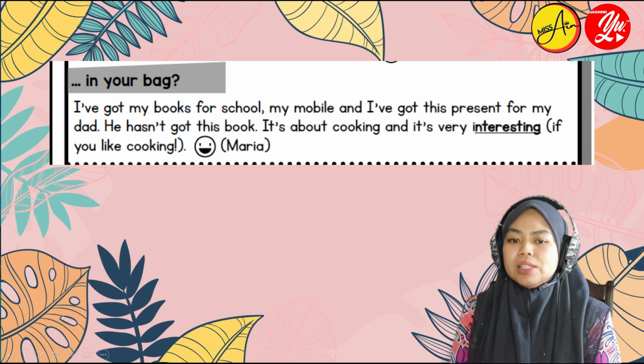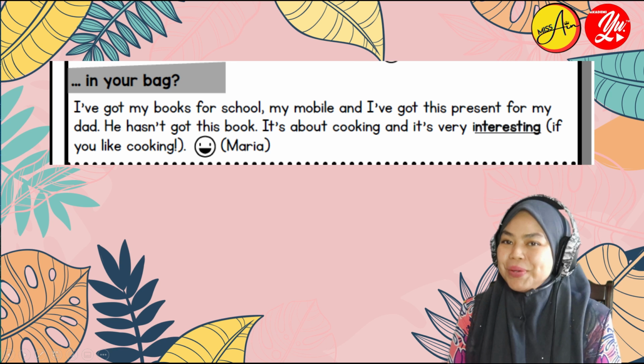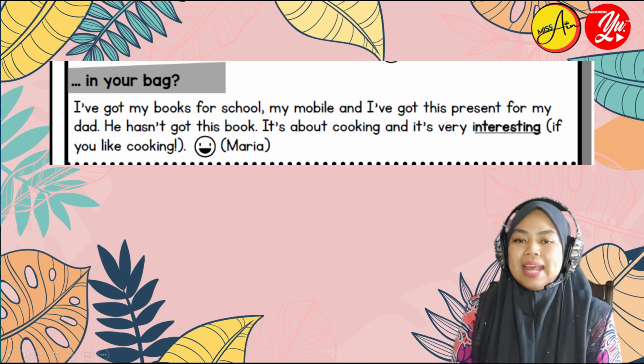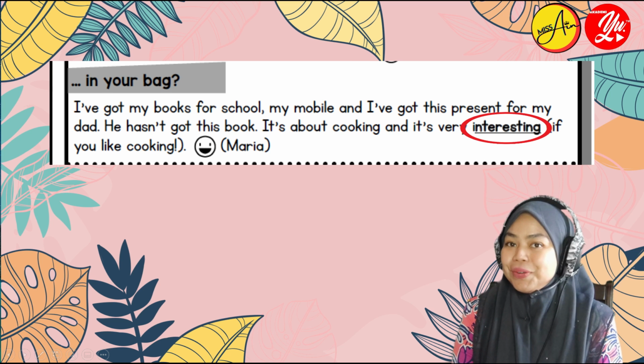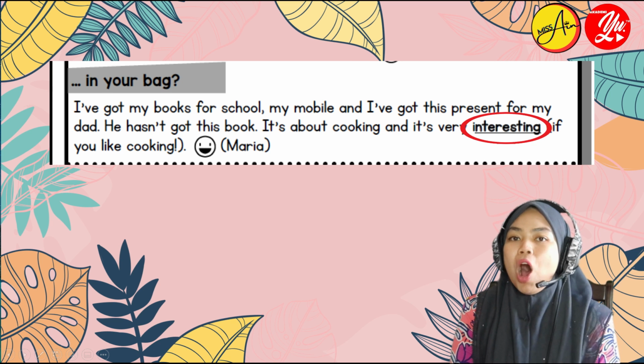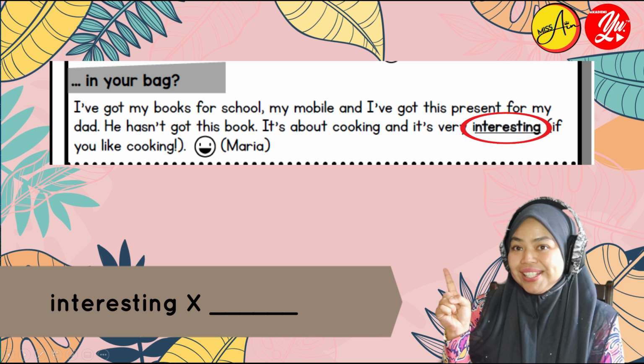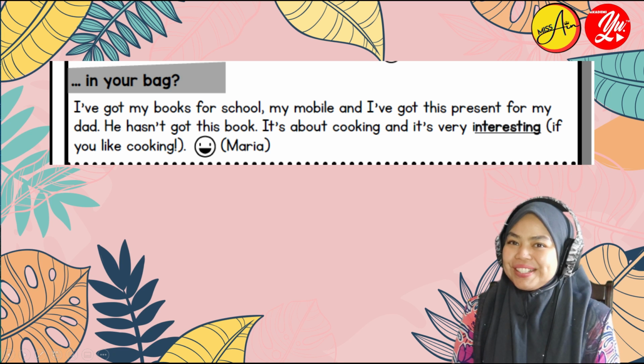He hasn't got this book. It's about cooking and it's very interesting if you like cooking. There's only one word that has been bold, which is interesting. So what is the opposite of the word interesting? Write it down.